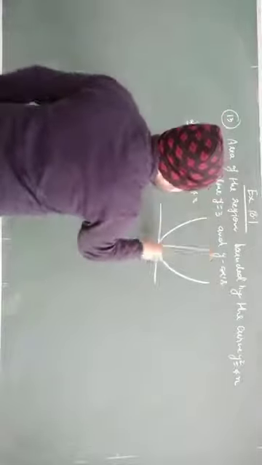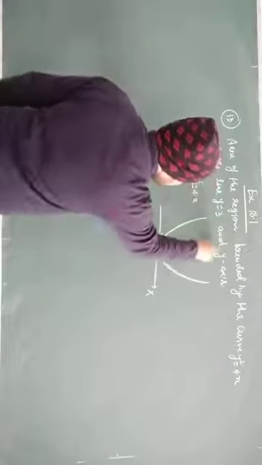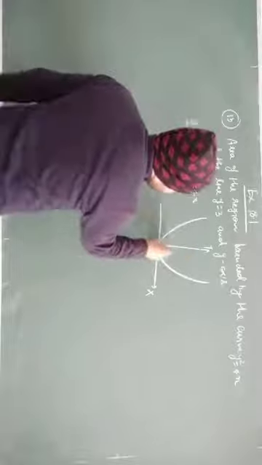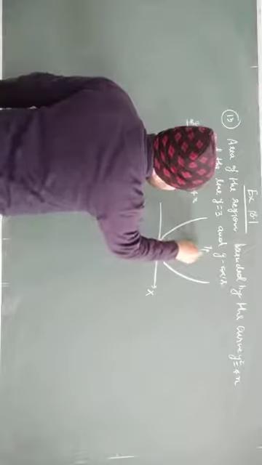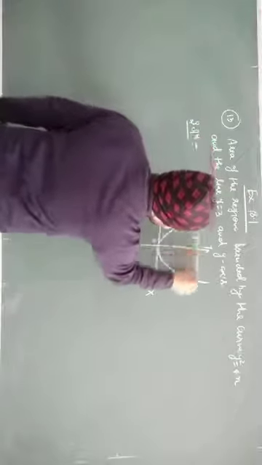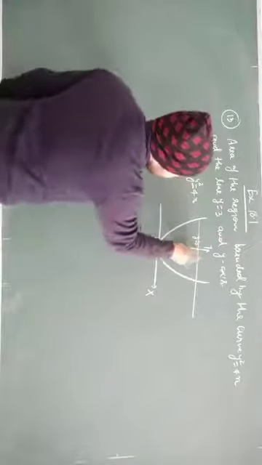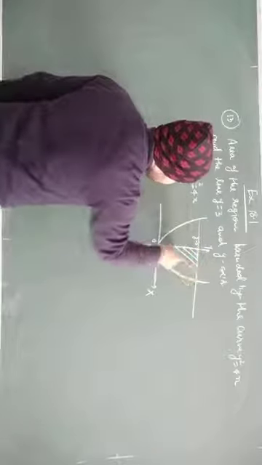And the line y equal to 3: this is the origin, our x axis, this is our y axis, so 1, 2 and 3. Y equal to 3 is somewhere here. So the required bounded region is this region.